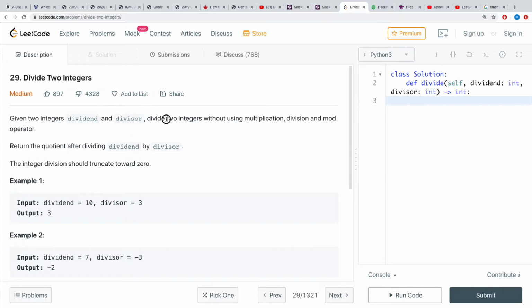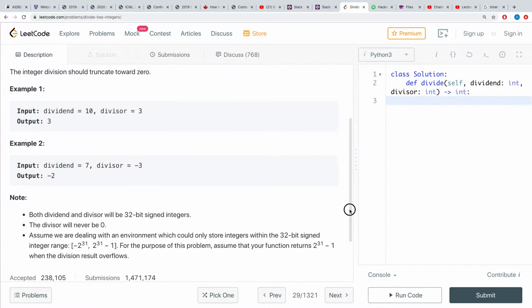You divide two integers without using multiplication. What does that mean? Division and mod operator. So I can't use multiplication, I can't use division, I can't use those operators, but I can use subtraction, addition.